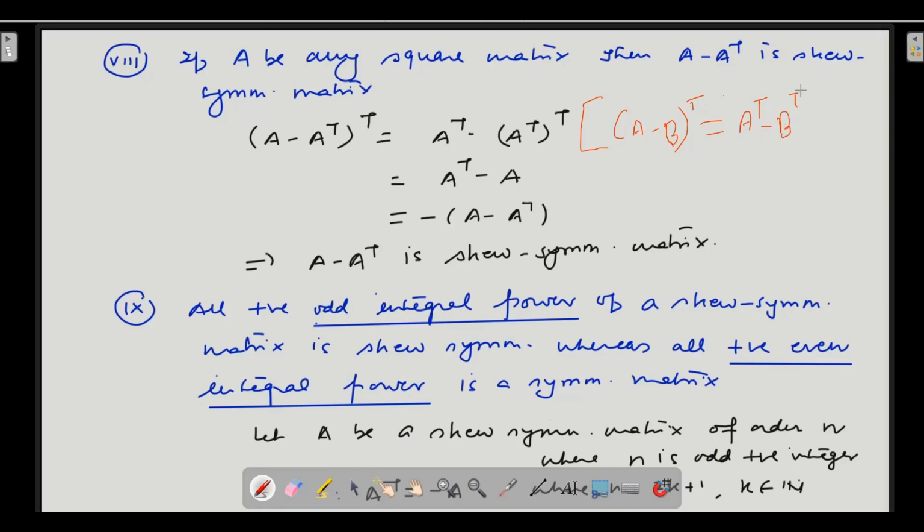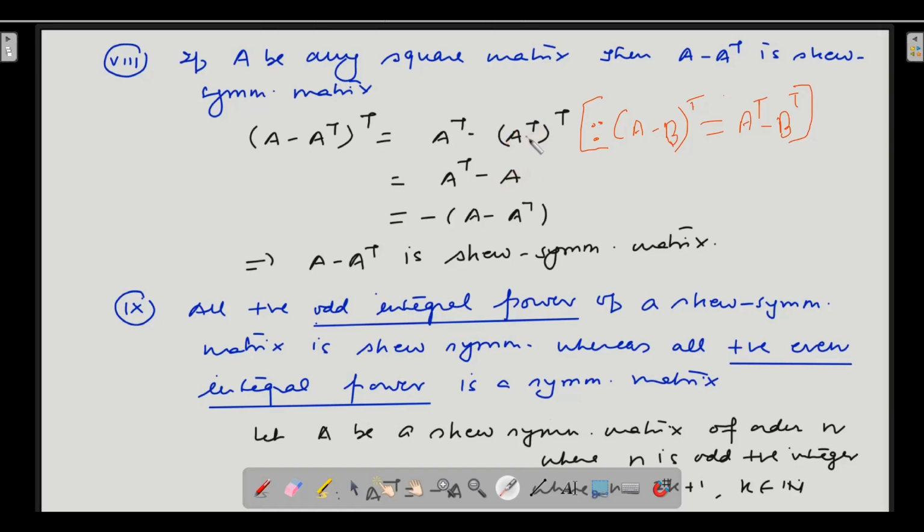This is a property which we have already learned in the previous lectures. So A transpose goes over here, and the transpose of A transpose also goes over here, with the minus sign remaining as it is. When we take the transpose of a transpose, we get the original matrix.